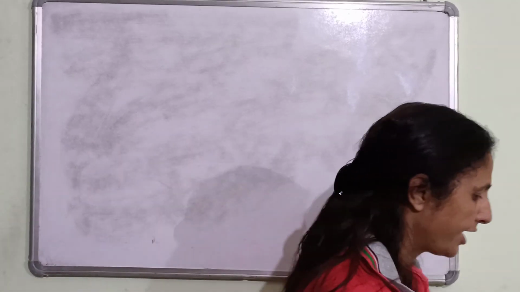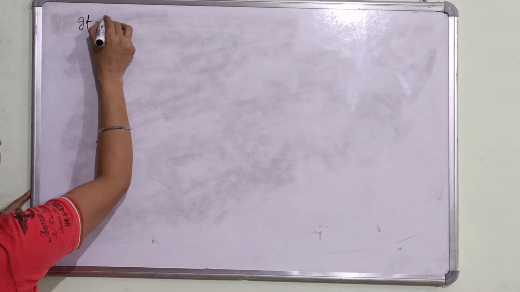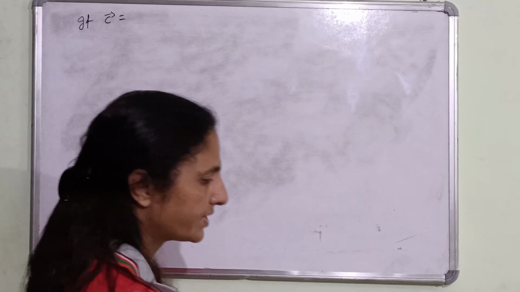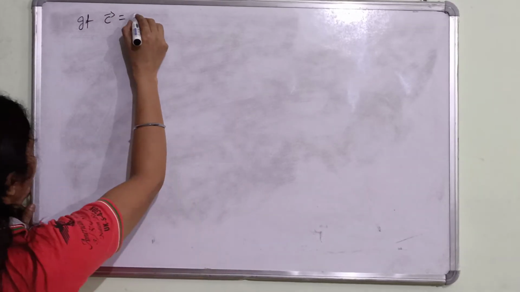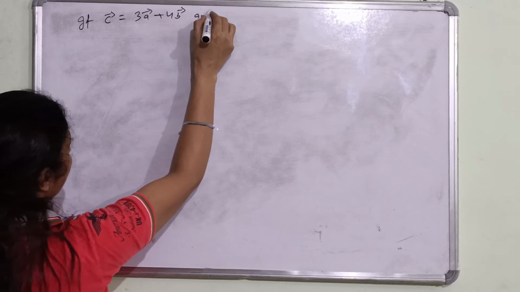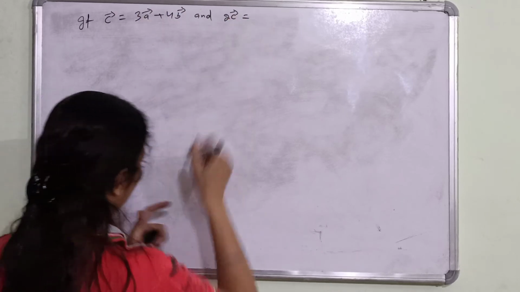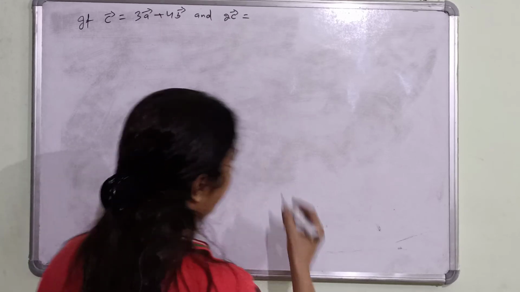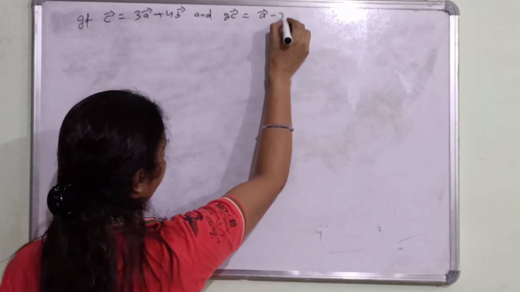The example is that if C is equal to 3a plus 4b, and 2c is equal to a minus 3b, right?